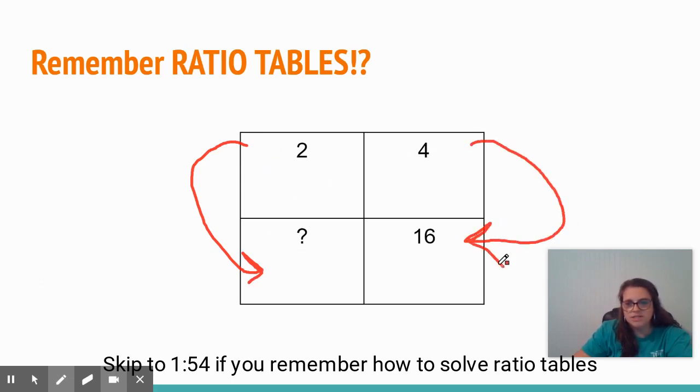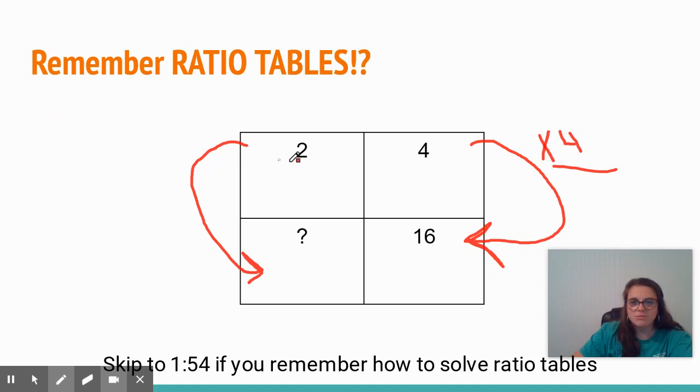From 4 to 16, I know that I'm getting bigger, so I'm going to multiply. And 4 times what is 16? 4 times 4 is 16. Okay, so 4 times 4 equals 16. Then I go to the other side. Whatever I do to one side, I have to do on the other side.